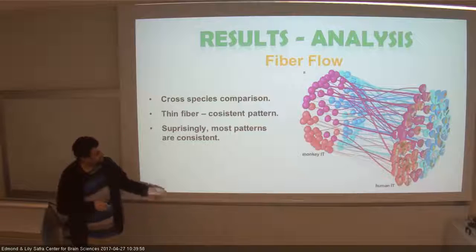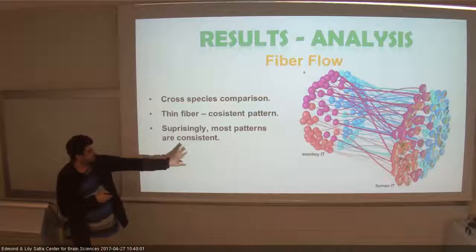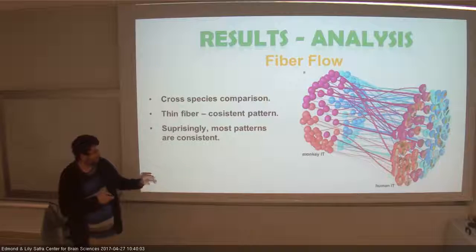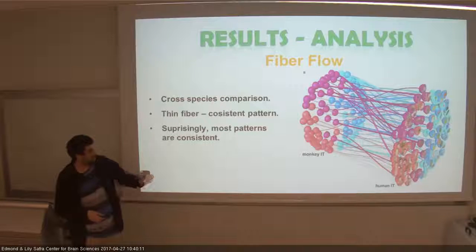So what they did here is they took the same two circles as before and drew fibers between them, where every fiber corresponds to the same stimulus in both human and monkey.